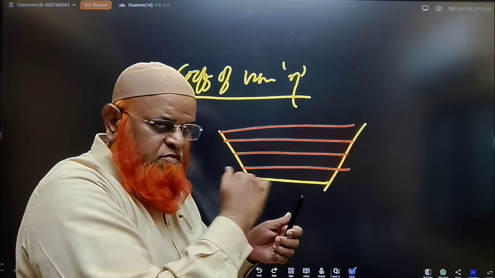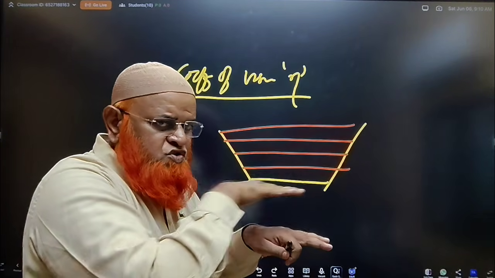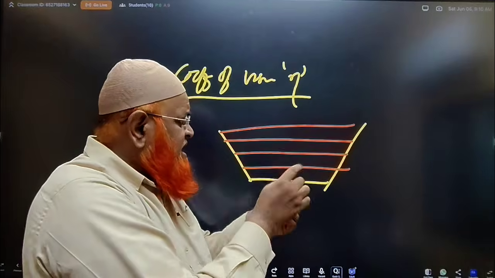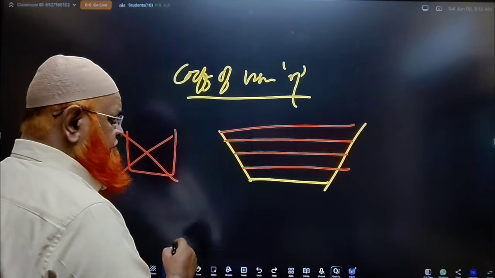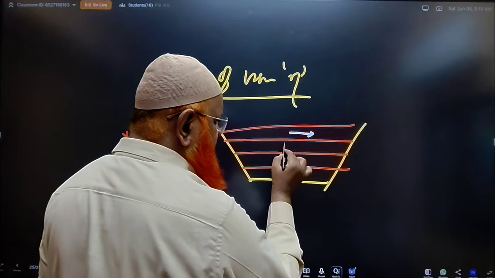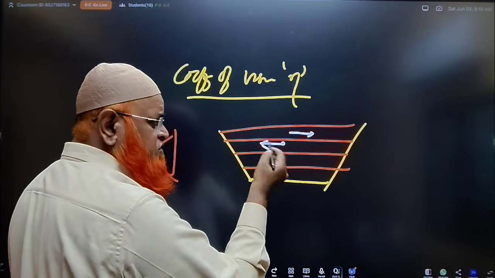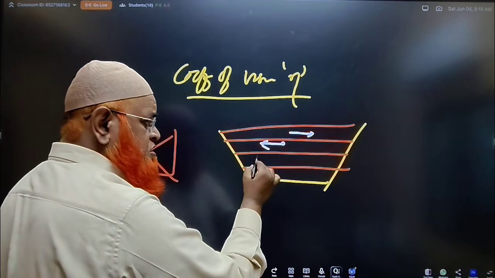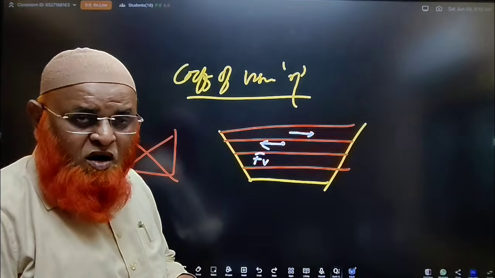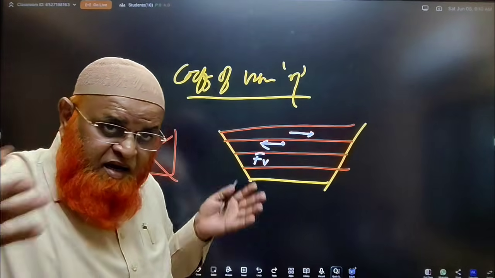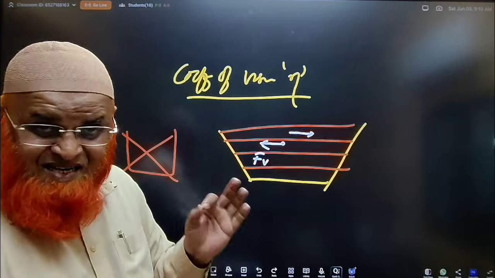Water flows in the form of layers. When the upper layer moves forward, the lower layer tries to stop it, tries to apply some force backward. That is what is called viscous forces. And the upper layer tries to take the lower layer along with it. That is called viscous drag.